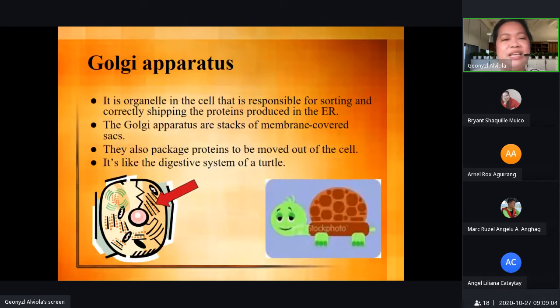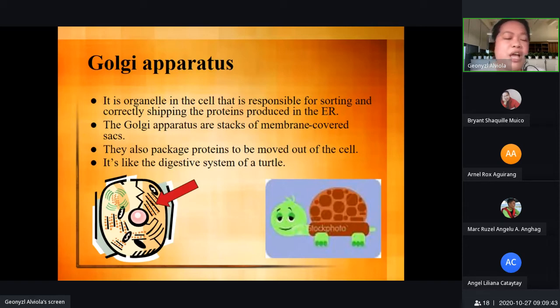Okay. Next, the Golgi apparatus is another organelle that cooperates with the endoplasmic reticulum, because as the nucleus synthesizes nuclear proteins, it passes through the endoplasmic reticulum. These proteins cannot go out directly to the cytoplasm. So the endoplasmic reticulum will pack the nuclear proteins going to the Golgi apparatus.